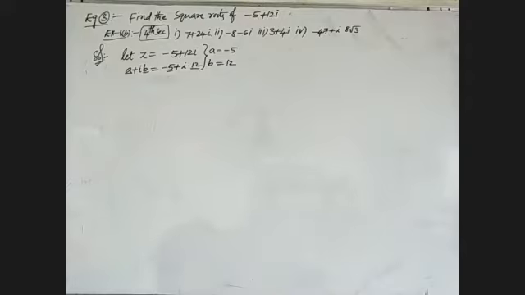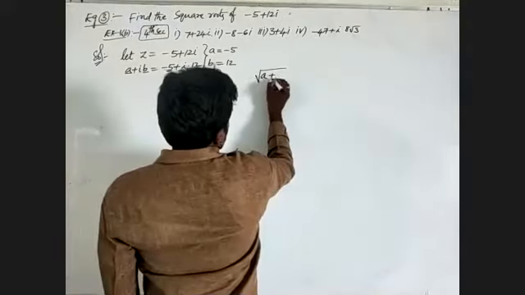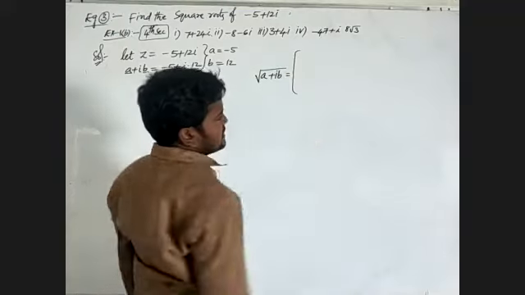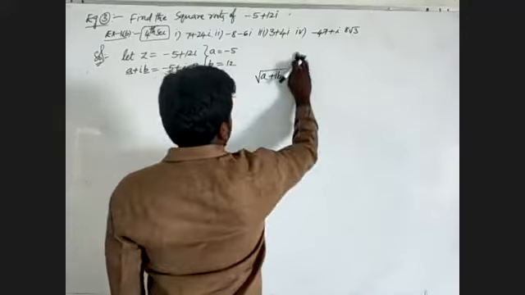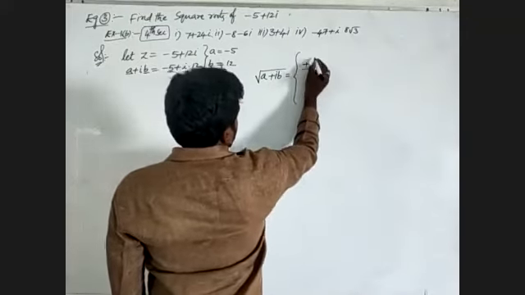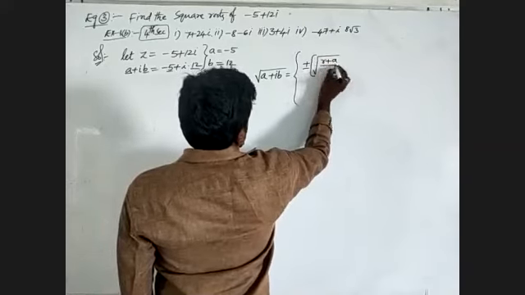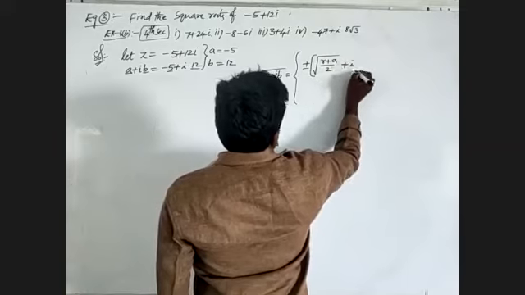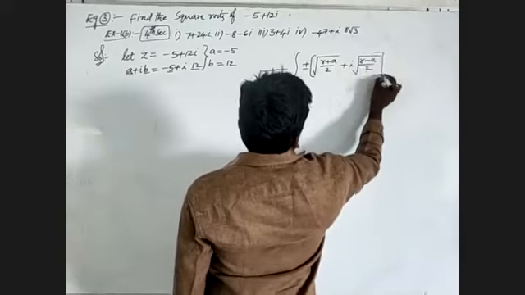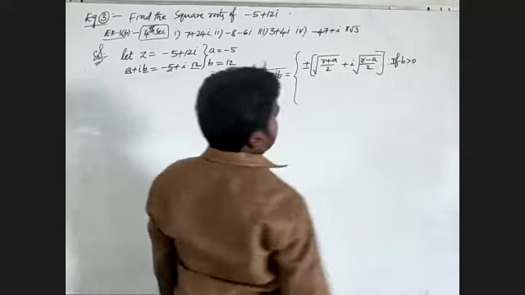Already, I told you in the previous class one formula. What is the formula for the square root of a plus ib? There are 2 formulas. The first one is plus or minus root of (r plus a)/2 plus i into root of (r minus a)/2, if b is greater than 0.